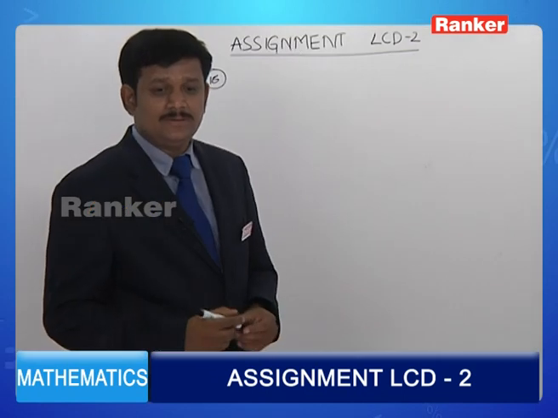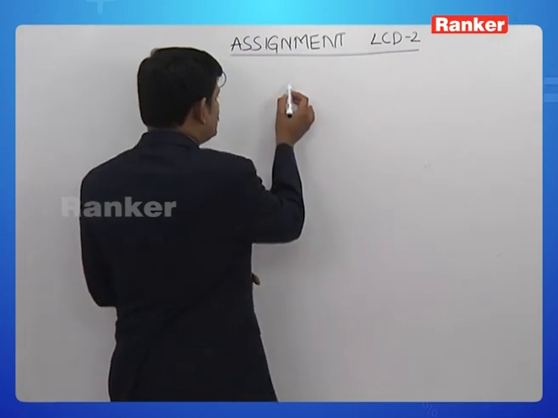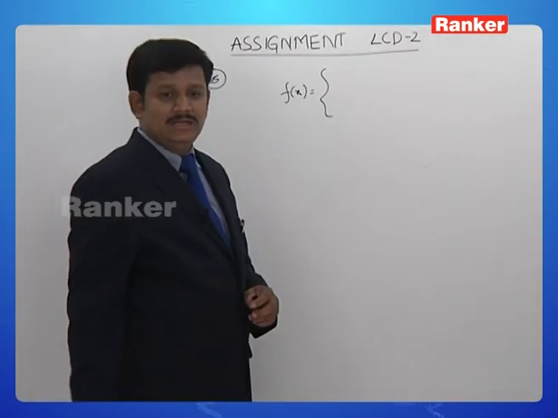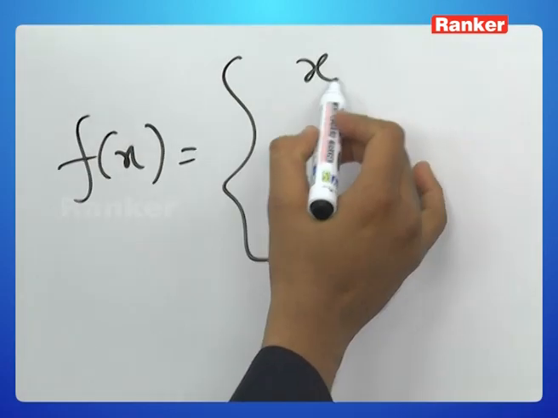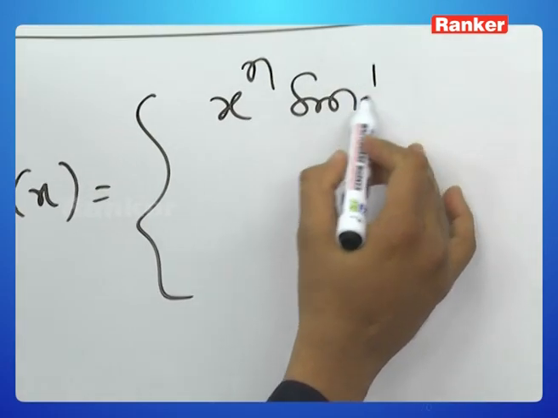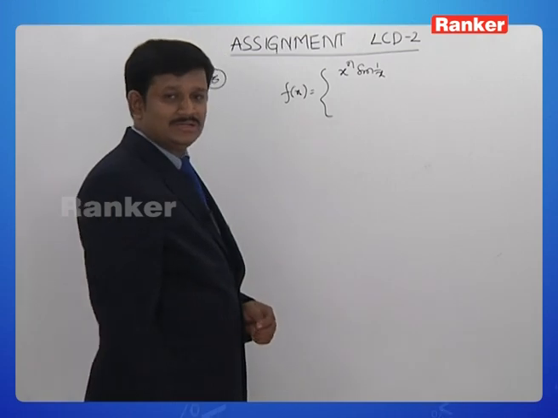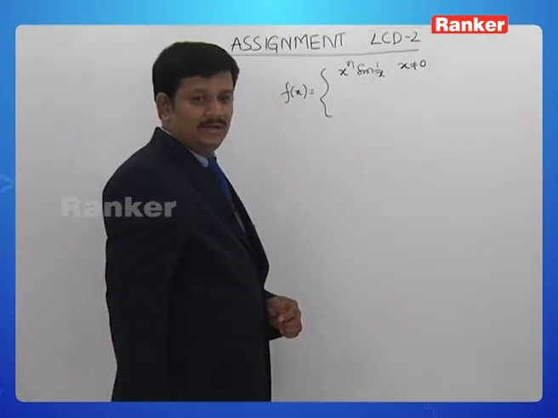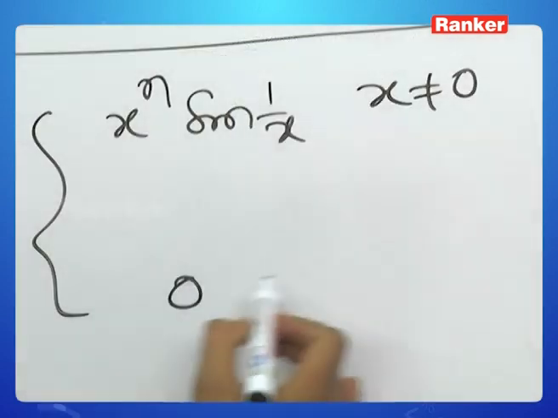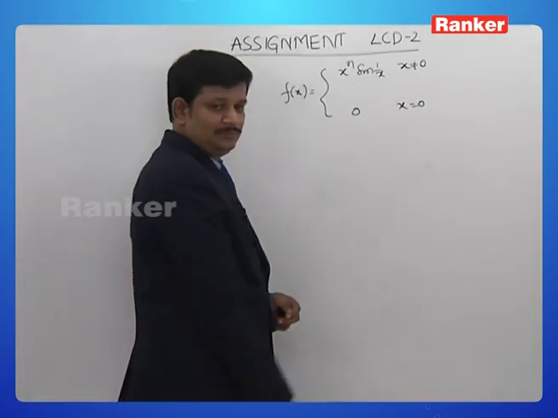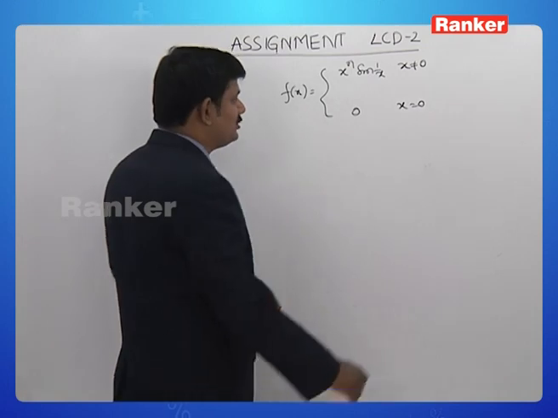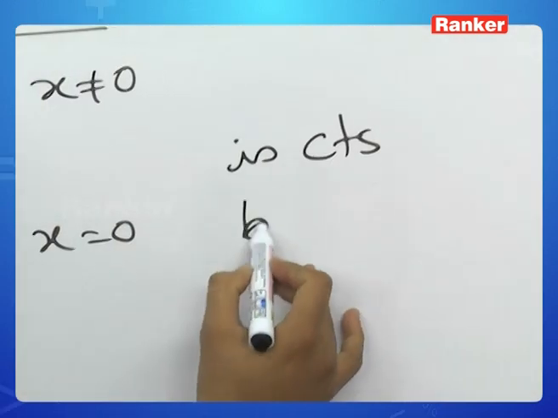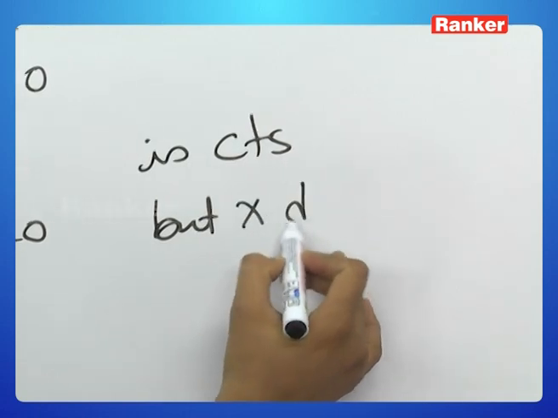The question says the function f of x is equal to x power n sin 1 by x when x is not equal to 0 and 0 when x is equal to 0, is continuous but not differentiable.